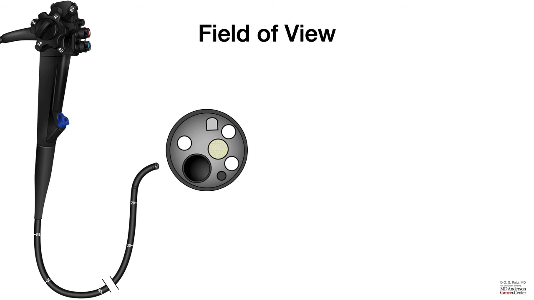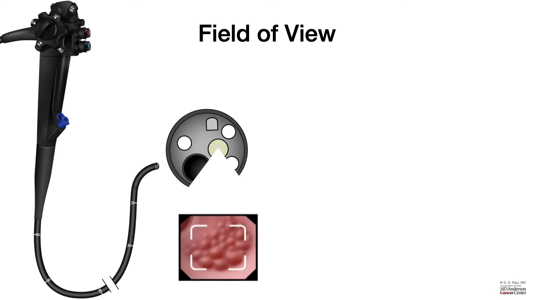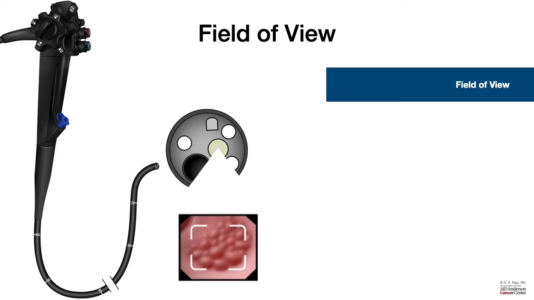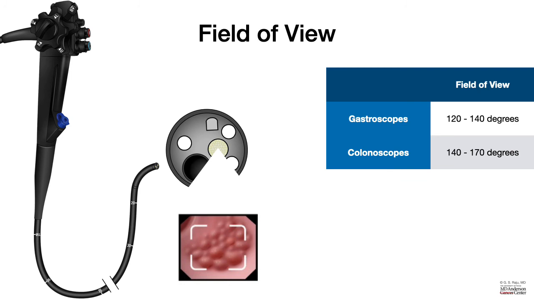Next is the field of view. As you can see here, how far can you see on either side? So when you look at the field of view, gastroscope has a field of view of 120 to 140 degrees, and colonoscopes have much wider field of view, 140 to 170 degrees.